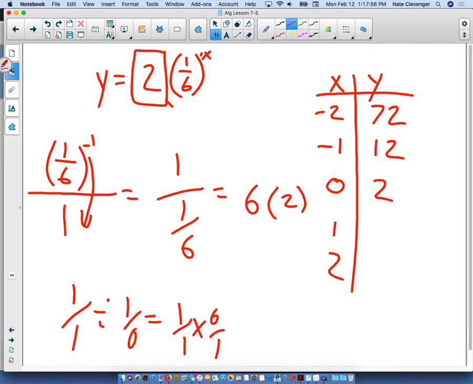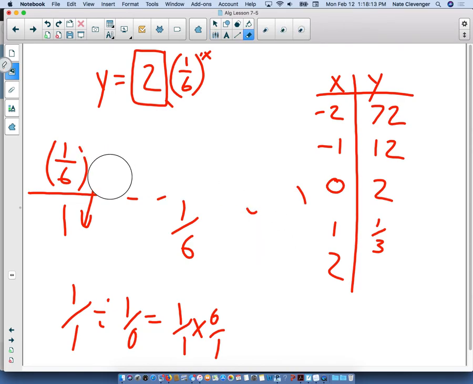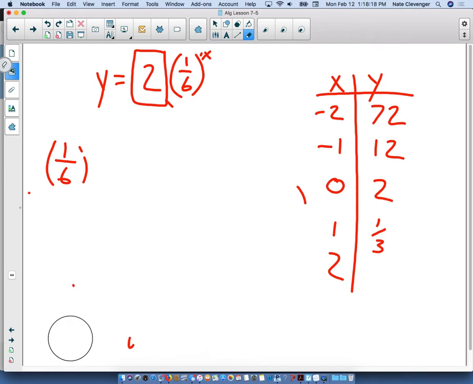1/6 to the first power is 1/6. 2 times 1/6 would be 2/6, which is 1/3. I don't like the 2. Madeline, we're going to the first power, and I'll put the 2 in front of it this time.